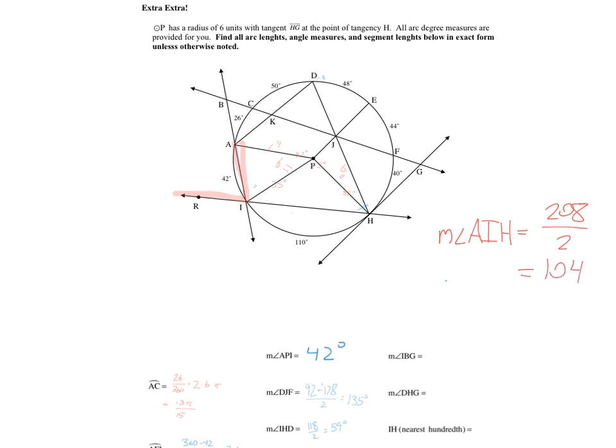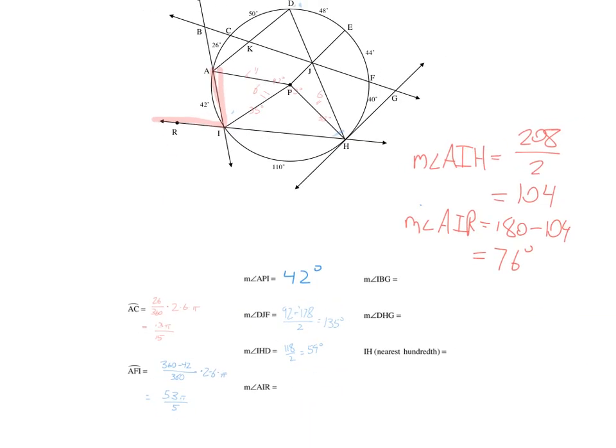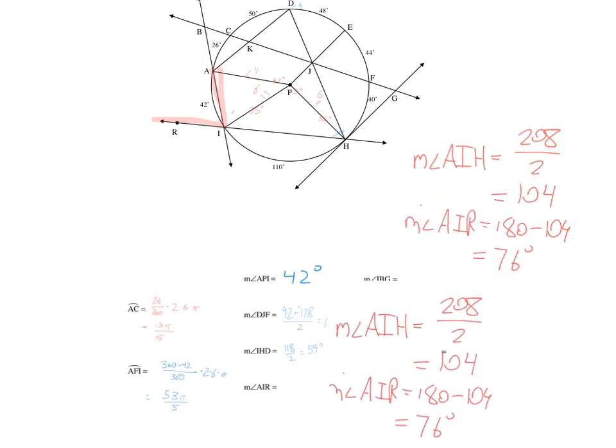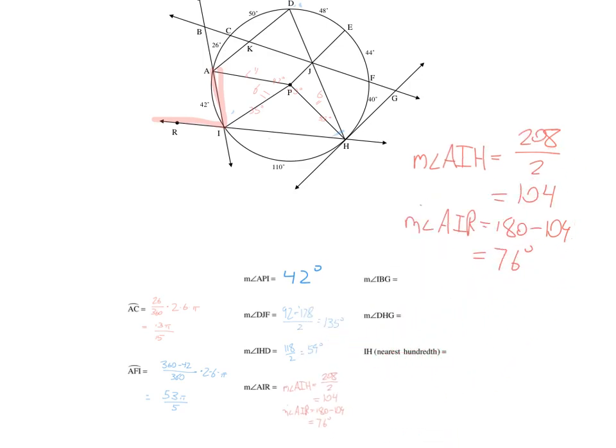And then the measure of AIR is going to be 180 minus 104, so it's going to be 76 degrees. So we're going to take that, duplicate it, shrink it down to size. There we go. Now we don't need this part anymore.